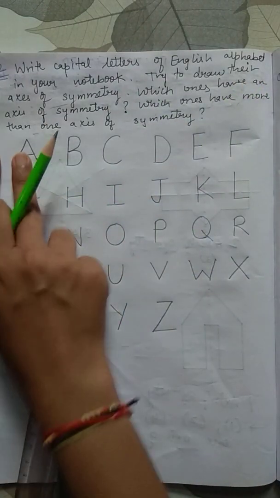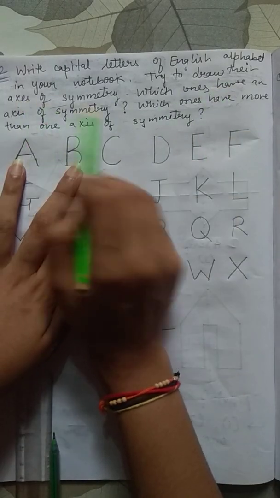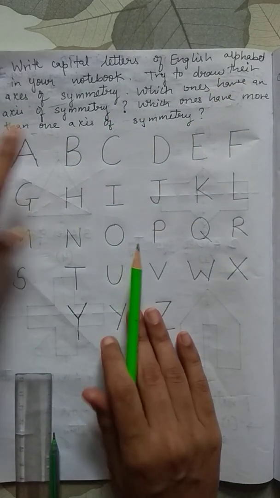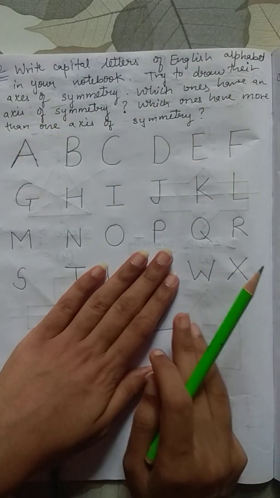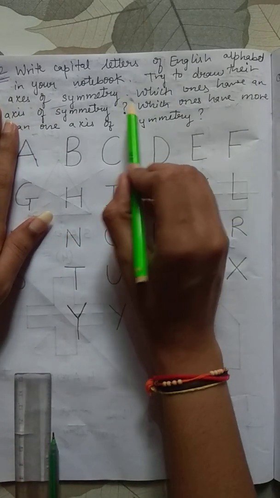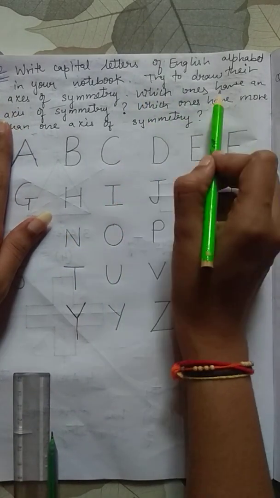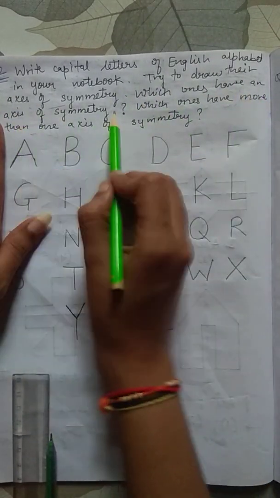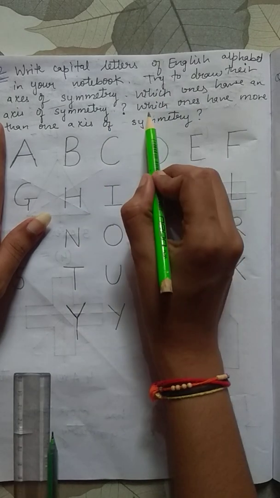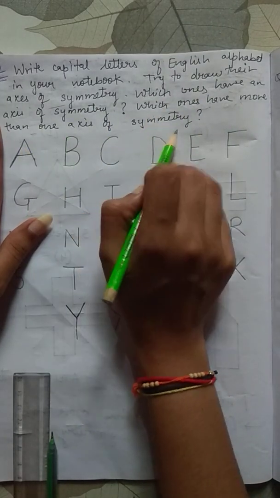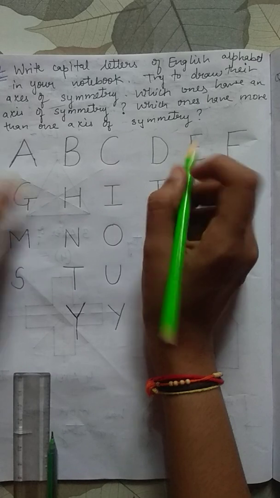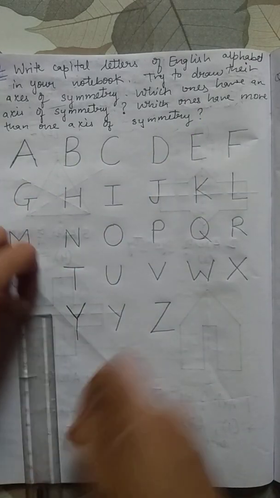So I have written A to Z, all the alphabets. We will try to draw the axis of symmetry for these alphabets. Now the main two questions are here. Which ones have an axis of symmetry, first. Second, which ones have more than one axis of symmetry. So let's start.